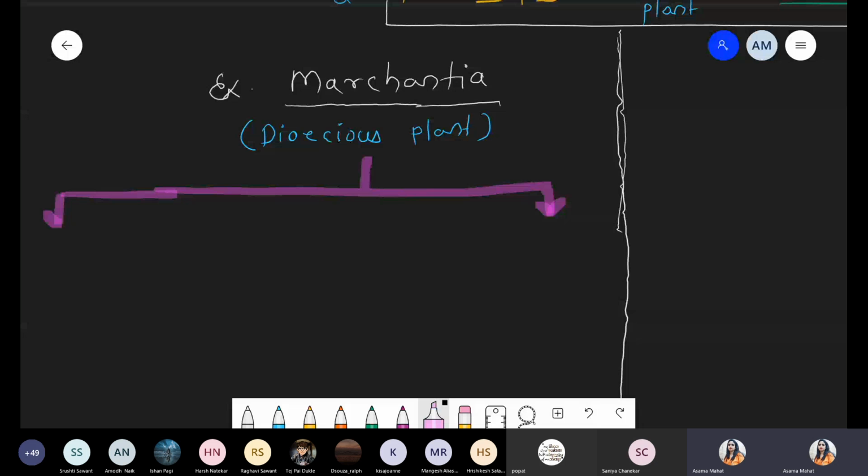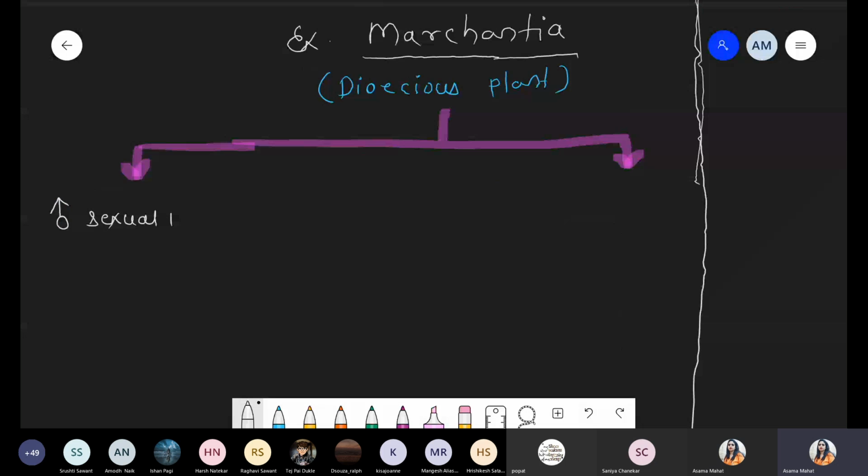So quickly we divide this part with respect to male and female sex organ. Now we have to draw a diagram, so please create a space accordingly. In this dioecious plant, Marchantia, there is a presence of the male sexual branch, and this male sexual branch is called antheridiophore. A little while ago we saw the word gametophore, right?